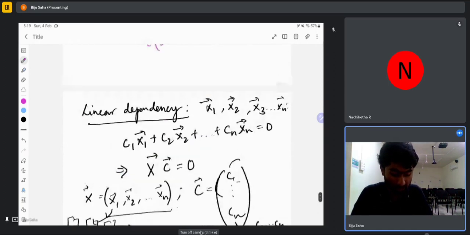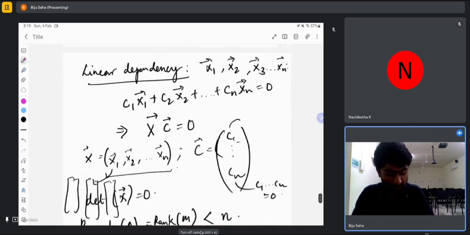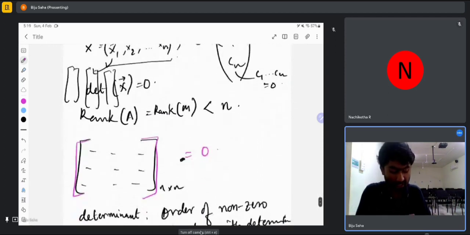So that leads us to the conclusion that on solving this particular system of linear equations, we can have a non-trivial solution if the rank of this matrix is lesser than the number of variables n, or the determinant of this matrix is equal to 0.